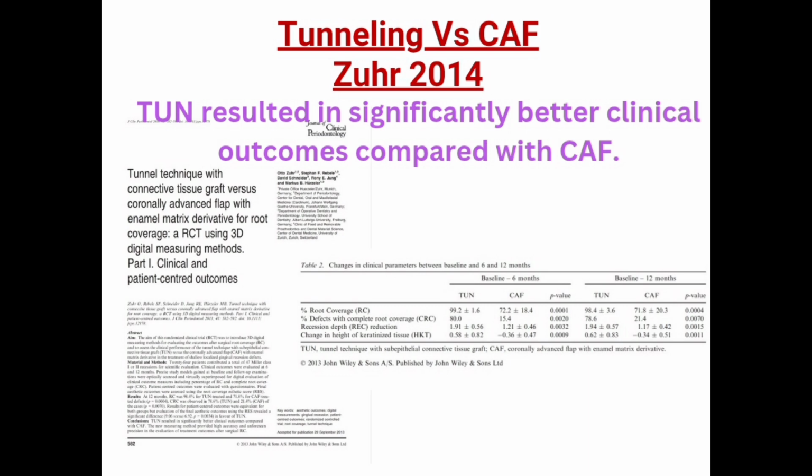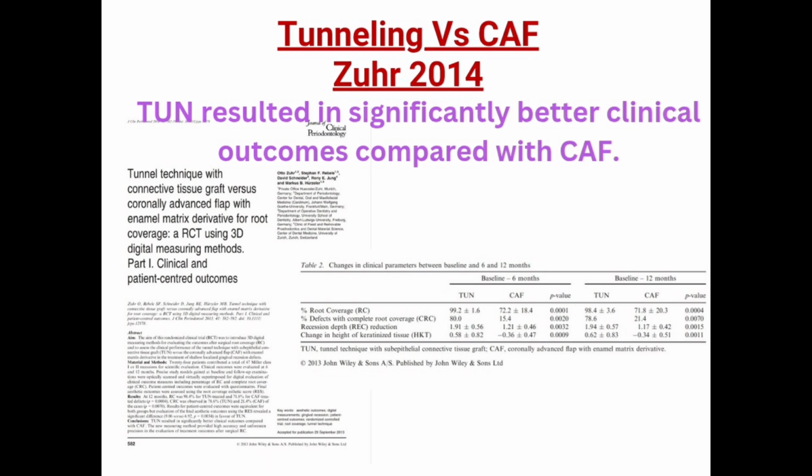Intrasulcular tunneling has been proposed by various people including Otto Zuhr and Sofia Aroca. In the article by Otto Zuhr, they have shown that tunneling resulted in significantly better clinical outcomes compared with coronally advanced flap, with significant root coverage gains compared to CAF.